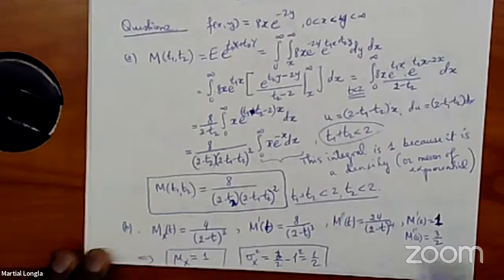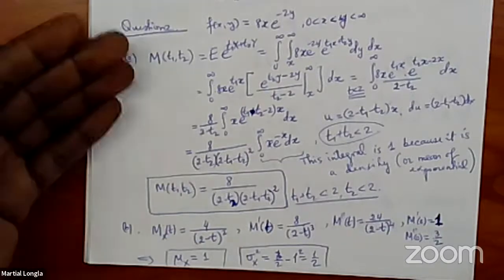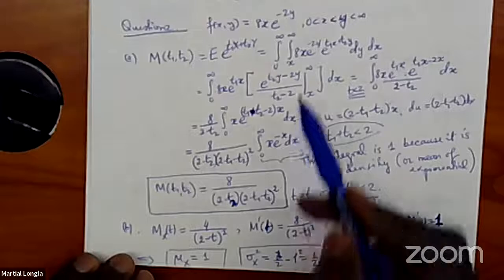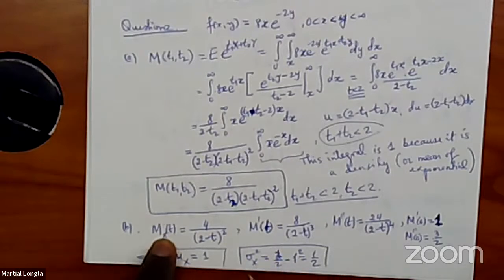Now, to answer the second question, and of course, the first question was to avoid you having to compute integrals. That's why the first question was there. To answer the second question, you don't need to compute two integrals to find the second moment and the first. You use the fact that the moment generating function of x is obtained when you put t2 equals 0.